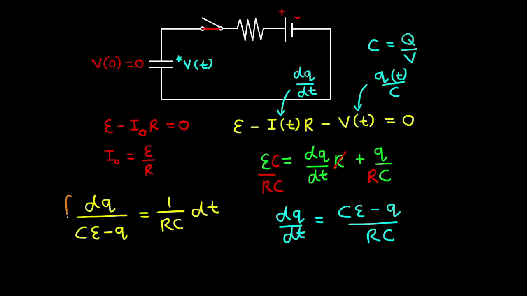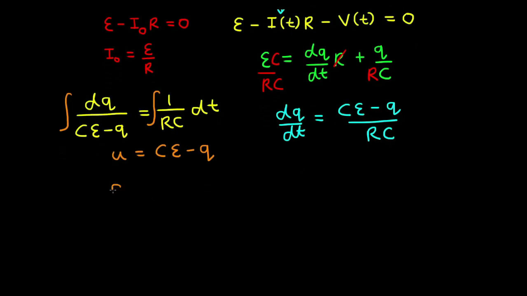And now if we integrate both sides and apply u substitution for the integral on the left, we get u is C epsilon minus Q. So therefore du is minus dq.